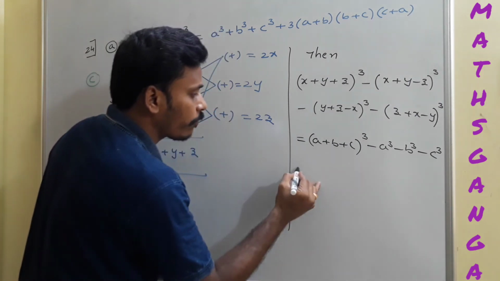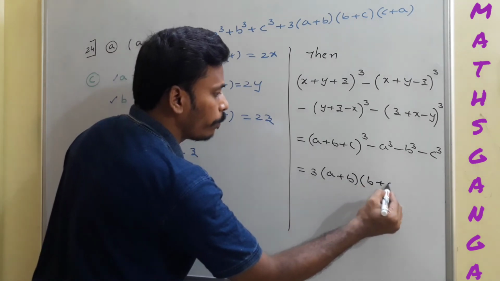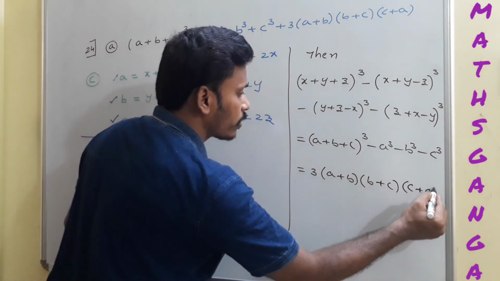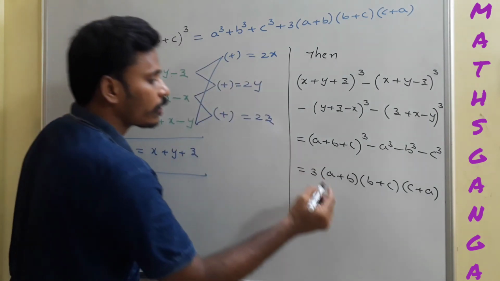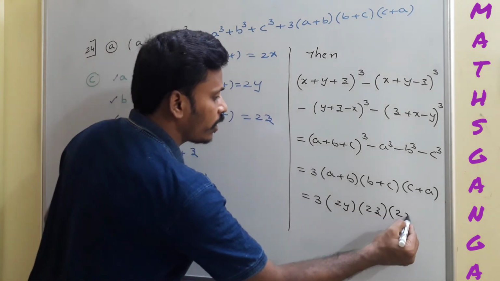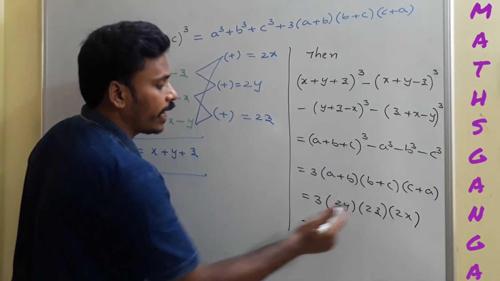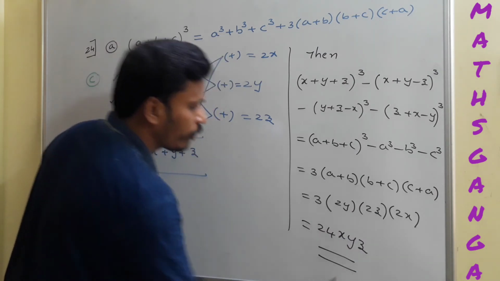And the simplification for it is nothing but 3 times (a plus b) into (b plus c) into (c plus a). And that is equal to 3 times, a plus b is 2y, b plus c is 2z, c plus a is 2x. And if you multiply 8 threes, 24, xyz is the simplification.